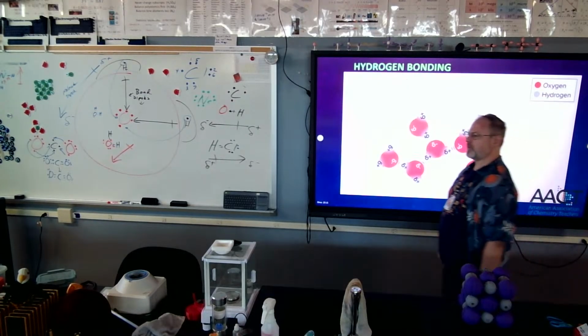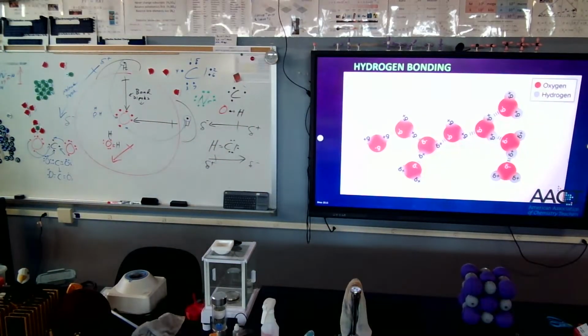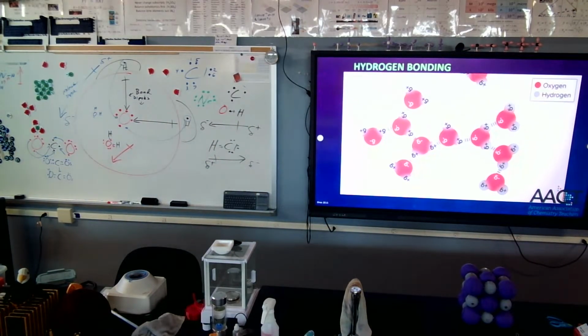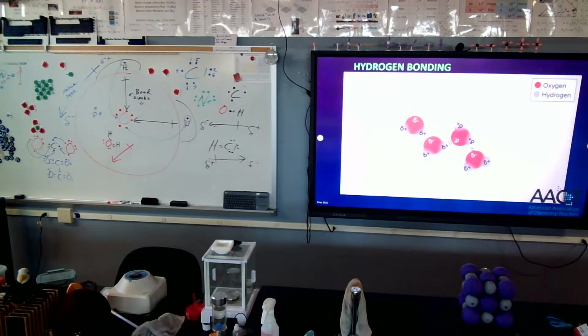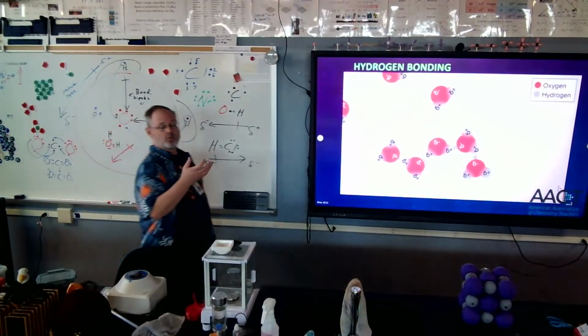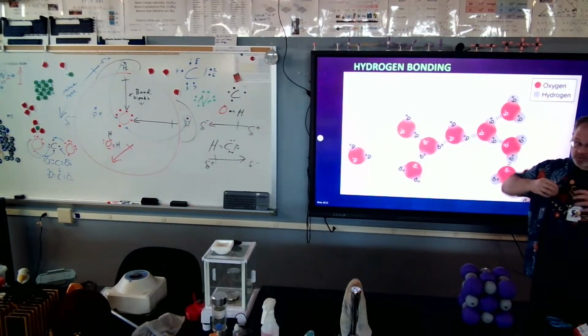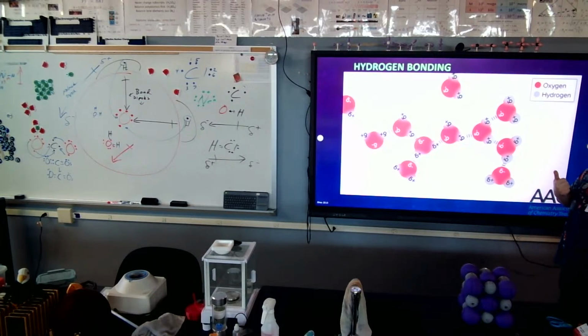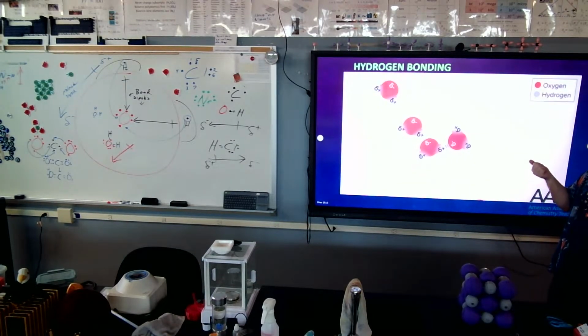In most cases, that's not the case. In most cases, when something becomes a solid, it becomes more dense. The molecules get closer together. But with water, when liquid water becomes a solid, it becomes less dense.